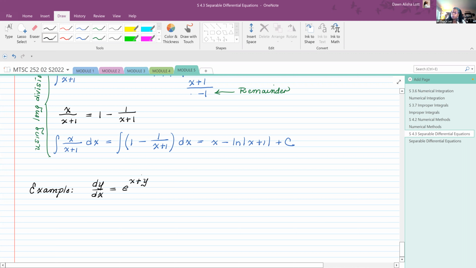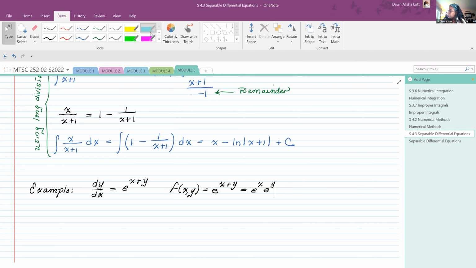So that is separable. f of x, y equal to e to the x plus y simply becomes e to the x times e to the y because of the way powers work. So therefore it is separable. We got one function of x times another function of y.